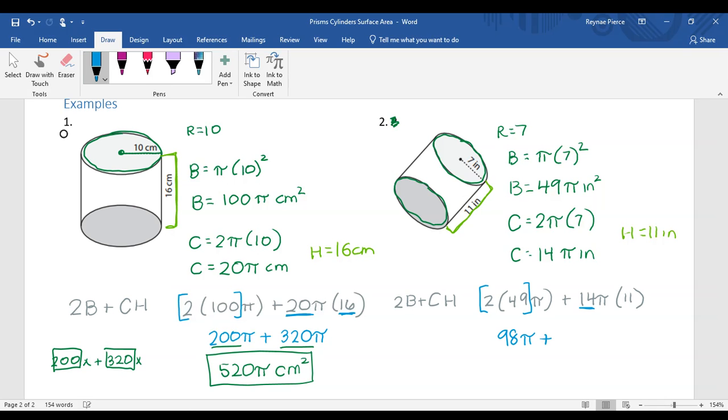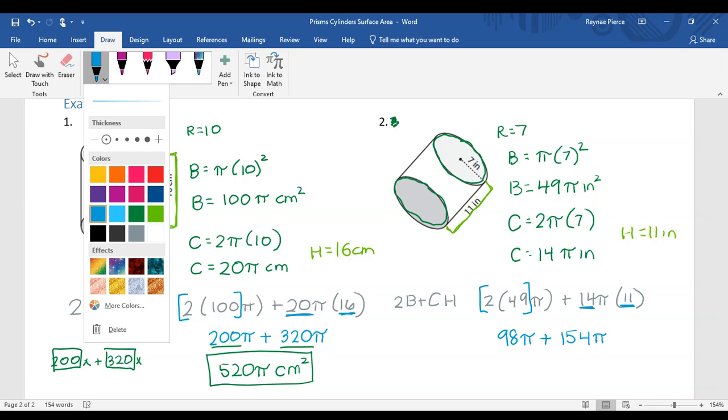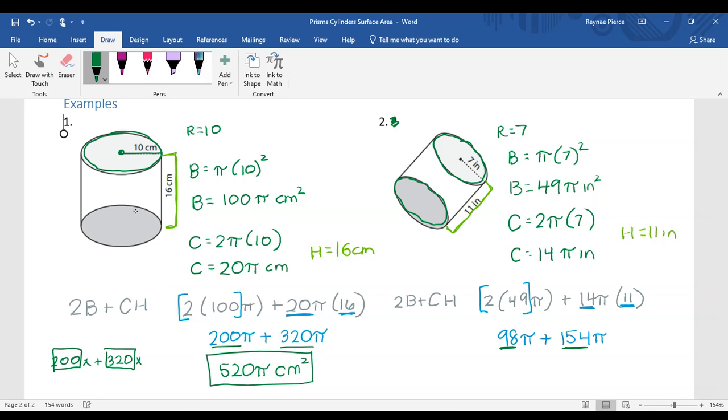Okay. 14 times 11 is 154 pi. That represents, think of it like a soup can label, how much needs to cover that area between the bases. Okay, and then 98 plus 154 gives me a total surface area of 252 pi square inches.